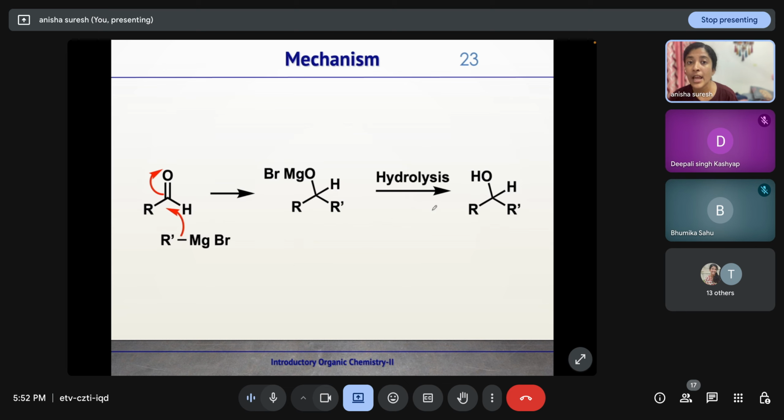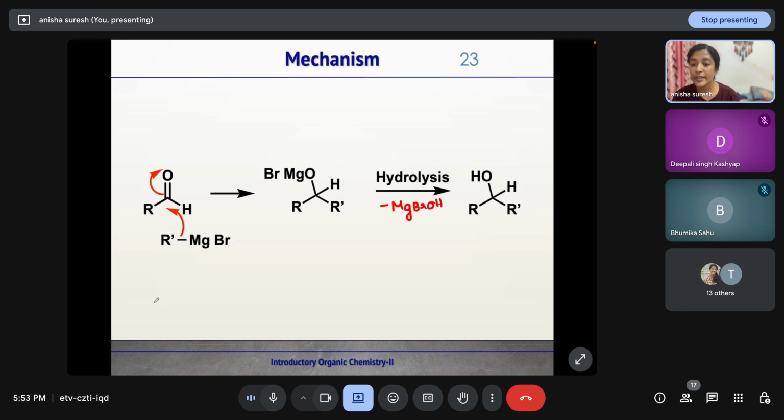In the case of formaldehyde, it will result in the formation of primary alcohol. If we have any other aldehyde other than formaldehyde, here this RMgBr can add on to the carbonyl carbon, resulting in the formation of this tetrahedral intermediate, and that upon hydrolysis, minus MgBrOH, will result in the formation of this secondary alcohol.